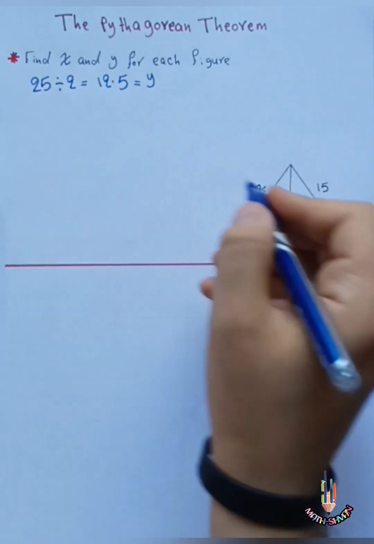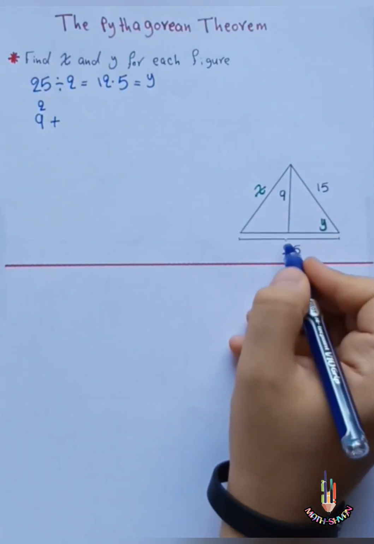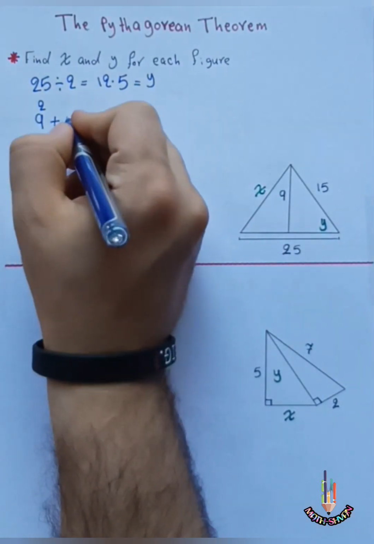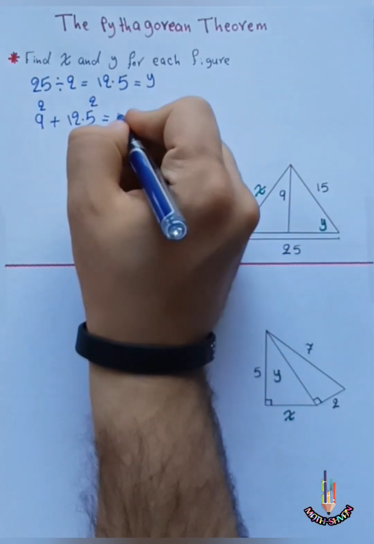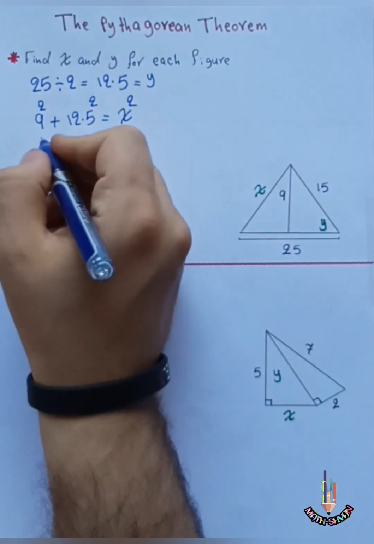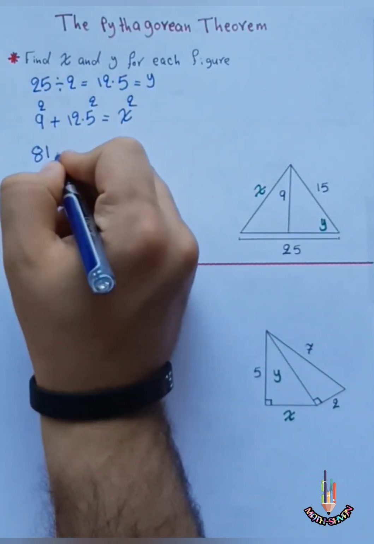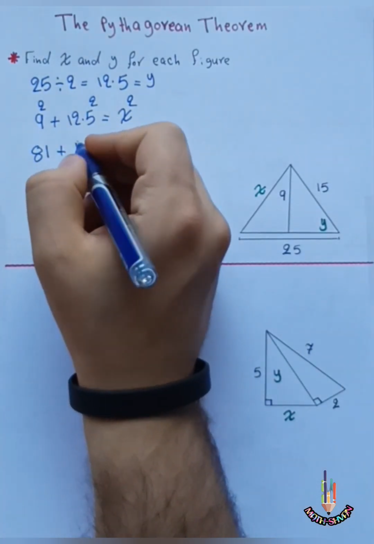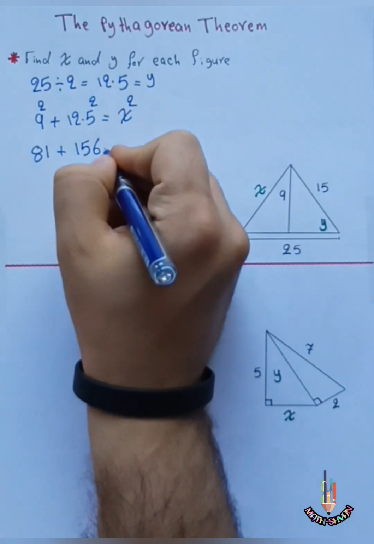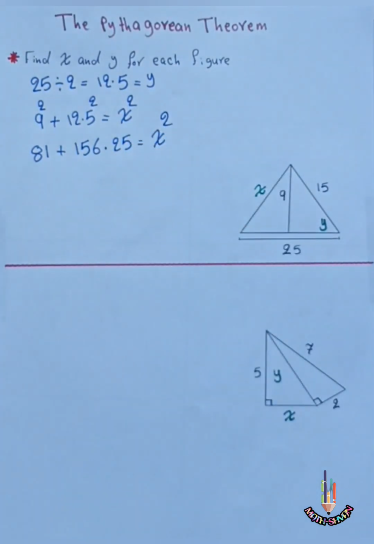So we can write: the length of this side is 9 squared plus the length of this side is 12.5 squared equals the hypotenuse x squared. 9 times 9 equals 81, plus 12.5 times 12.5 equals 156.25.